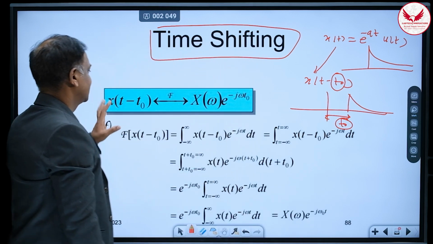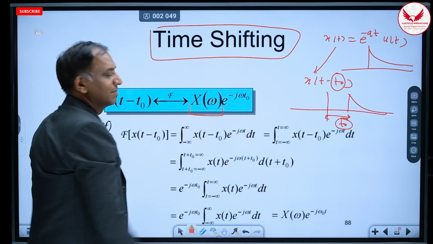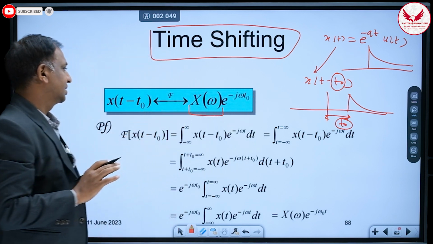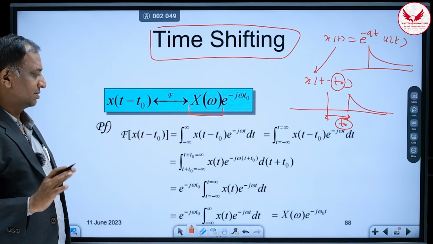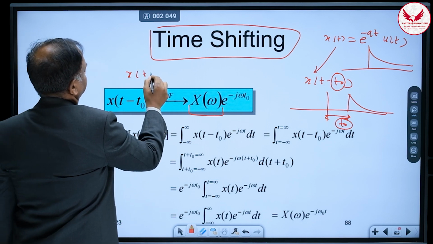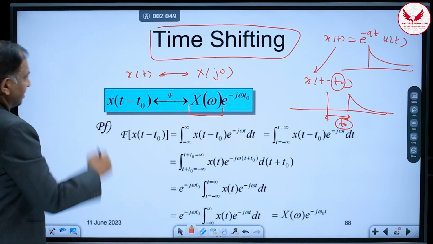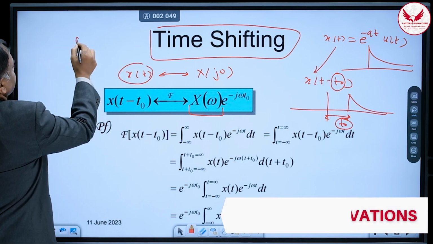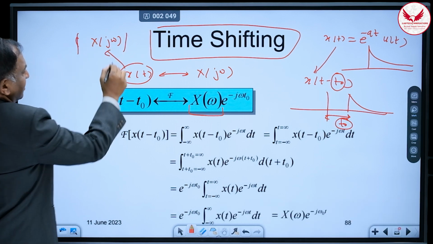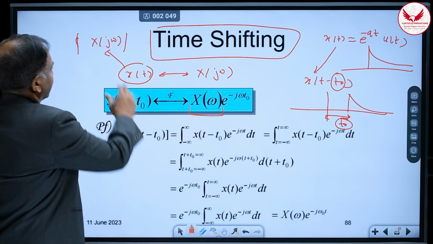If the signal is shifted in the time domain, its original Fourier transform remains as it is, multiplied by e raised to minus j omega t0. That means if x of t is the Fourier pair of x of j omega, the magnitude spectrum of x of t is x of j omega, and the magnitude spectrum of the time shifted signal is also x of j omega.